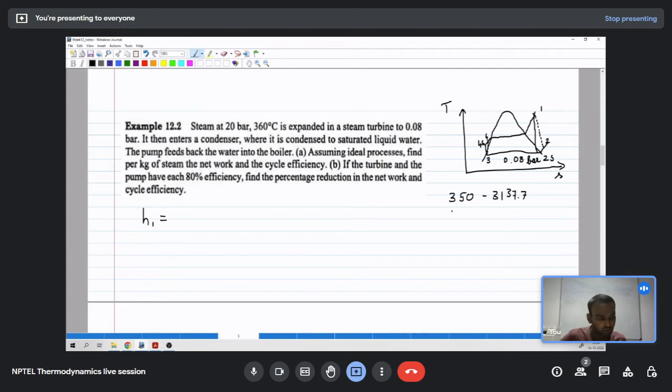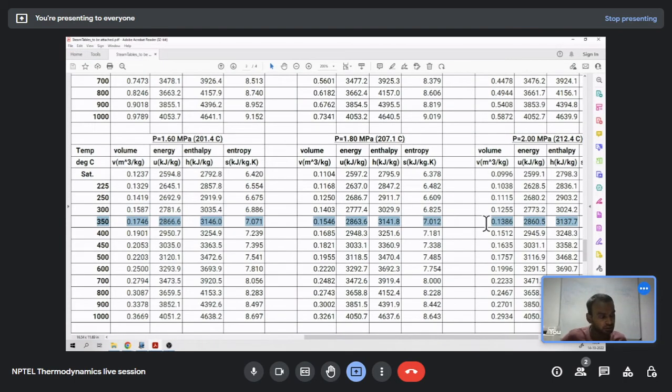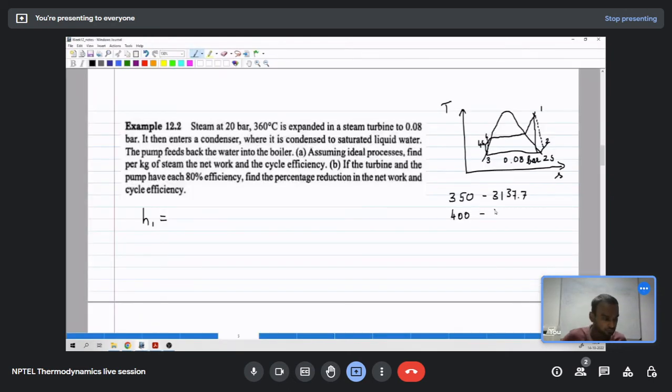And at 400 degrees Celsius, we have 3242.3. So interpolating for 360, I will do this interpolation once.